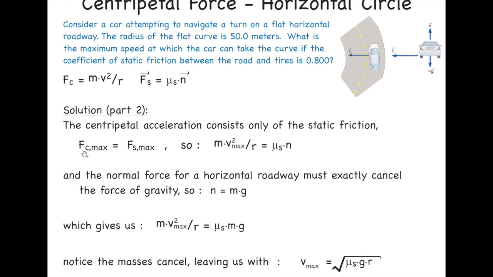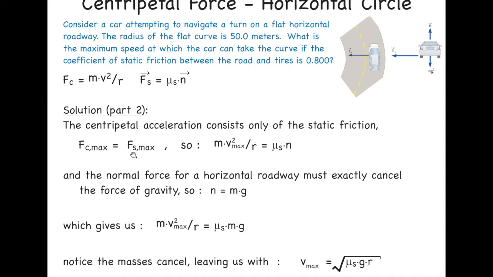So we can say that the centripetal force that we're trying to get, the maximum centripetal force, that is the one at the maximum velocity that we can take this curve at, is equal to the maximum static friction that's available between these two surfaces.